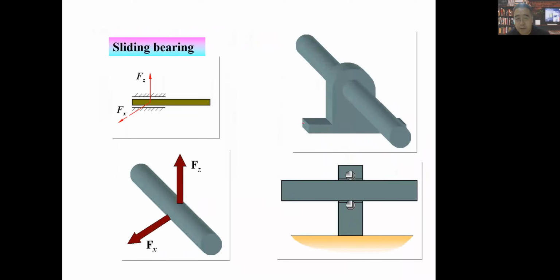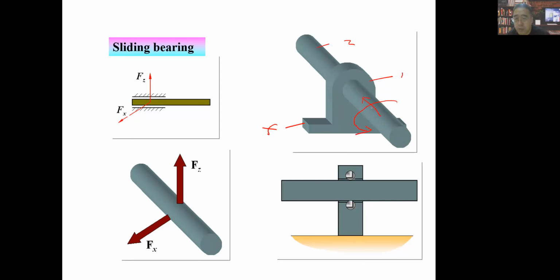We have a frame. It does not move. It's fixed here, right? Maybe we name it body one. We have a shaft, body two. So actually, it can run along this direction. It can have rotation movement around the axis of this shaft. It can also move along the axis of this shaft.